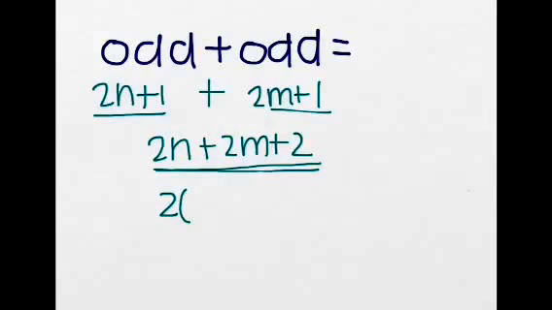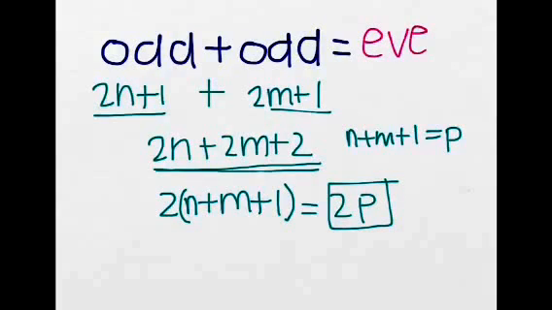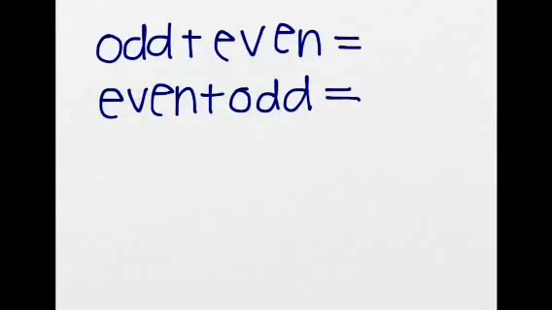So this is equal to 2 times (n plus m plus 1). Now n plus m plus 1 is a whole number, which we can call p, so this is equal to 2p. And 2p is an even number, so the answer here would be even. So an odd number plus an odd number equals an even number.